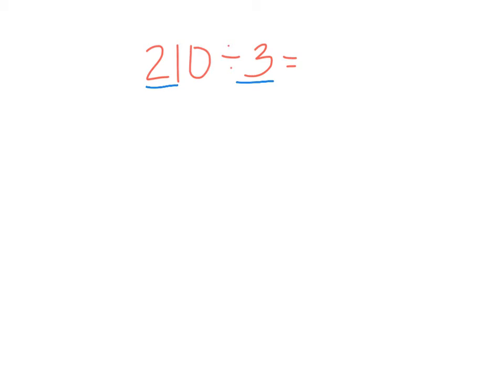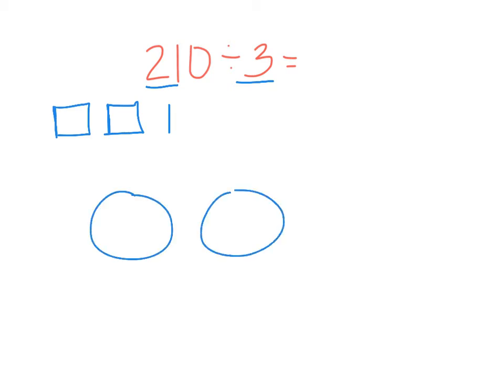If I want to model 210 and I want to put it into 3 equal groups, I can do it like this. I can have 3 circles. I know I'm going to have to redistribute these, so I'm going to break this guy up into 10.